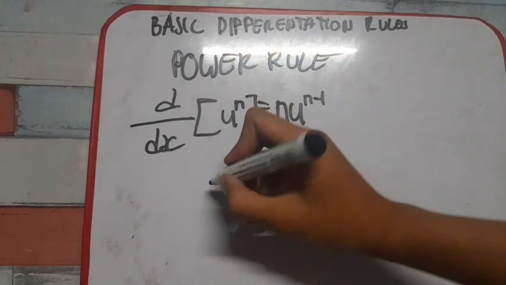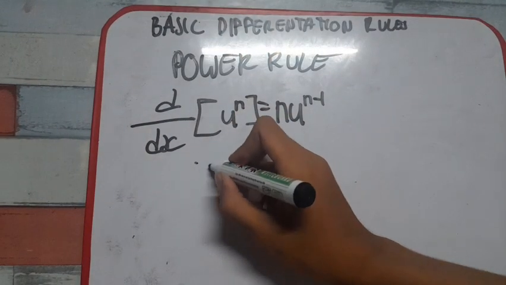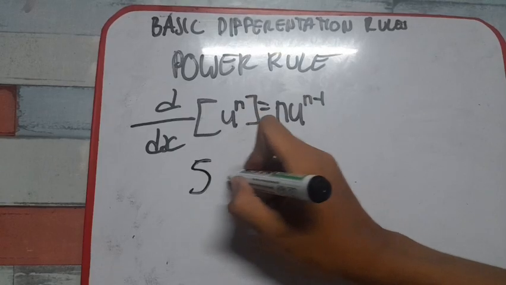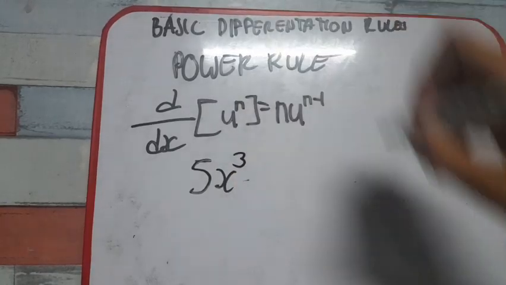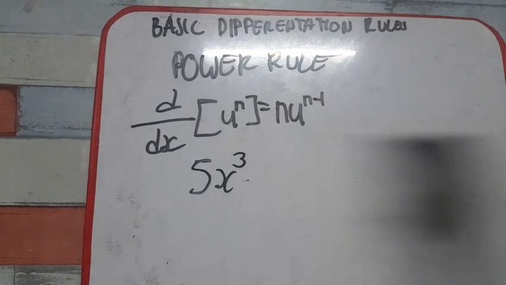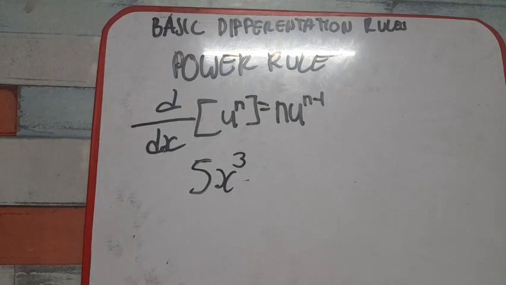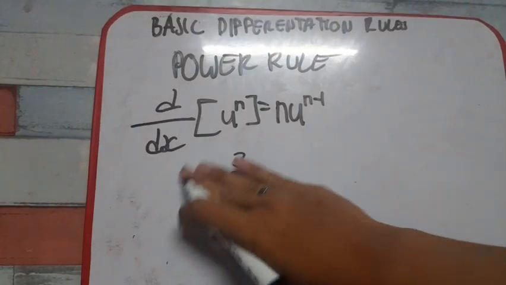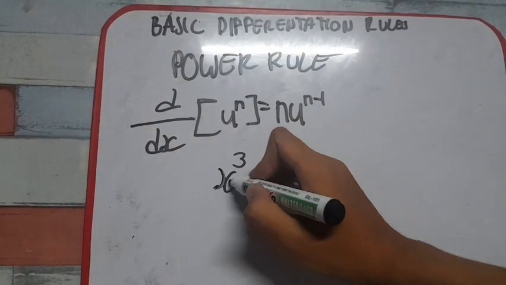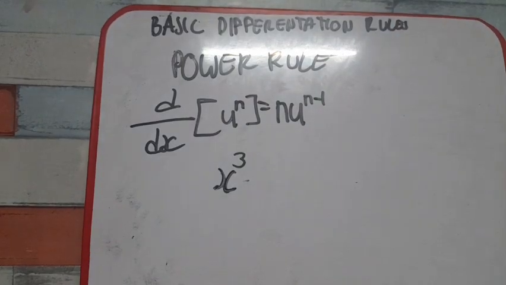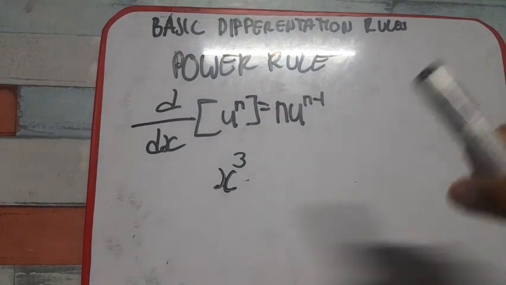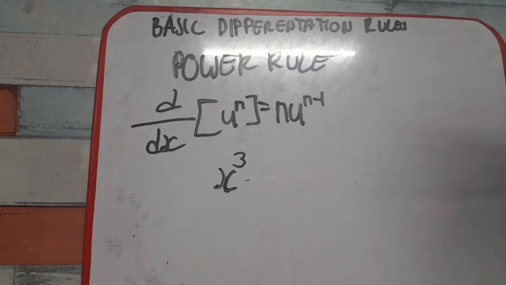For an example, say you have 5x cubed, and we try to find the derivative of this function.